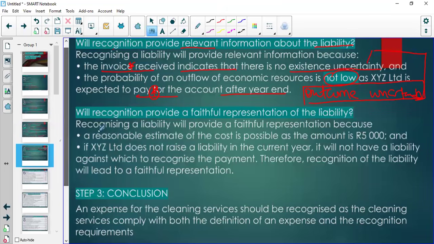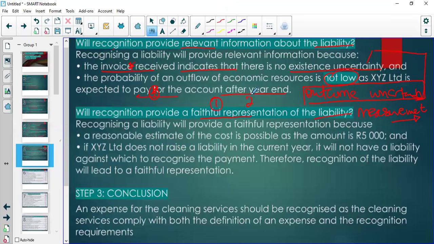Then, is it going to be a faithful representation? So faithful representation deals with measurement uncertainty. Can we measure the amount correctly? So that's one aspect of faithful representation. Can we measure the amount? Do we have a reliable amount?